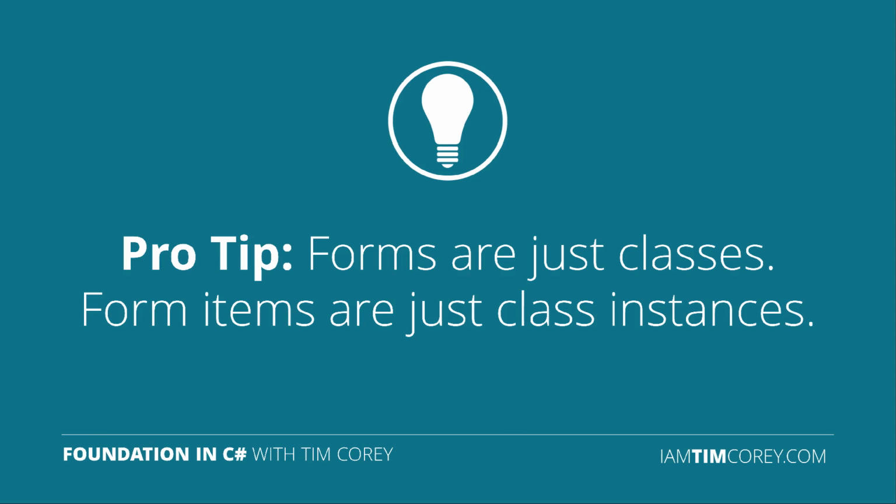And every item on the form is just a class instance, so we can interact with it like any other class item. For our form, when we had that form class, we actually applied an interface to it, because we control that class. We can add our own interfaces to it if we want, and we did. And so we were able to shape how that form works because we treat it like any other class.